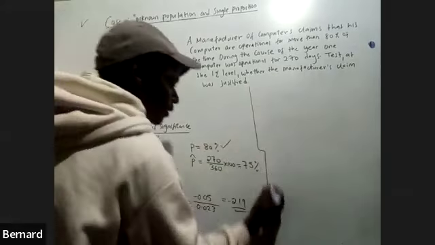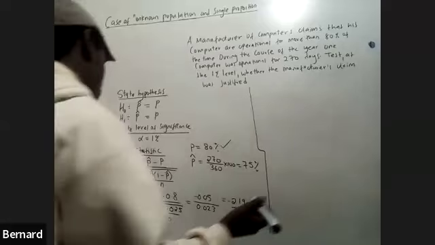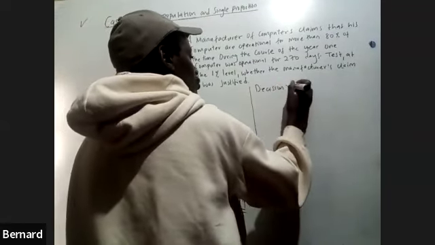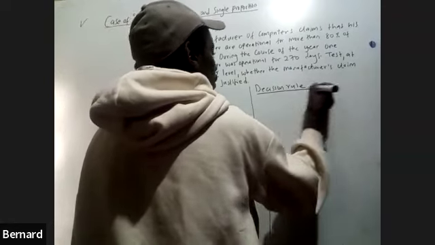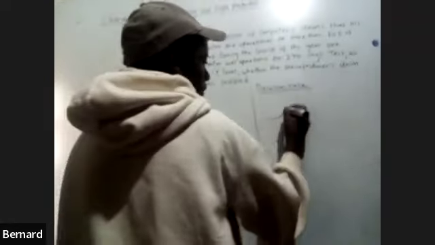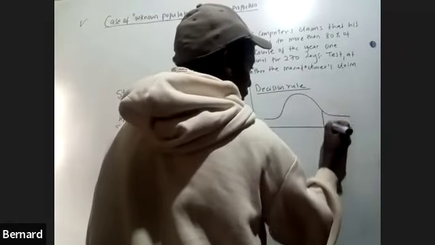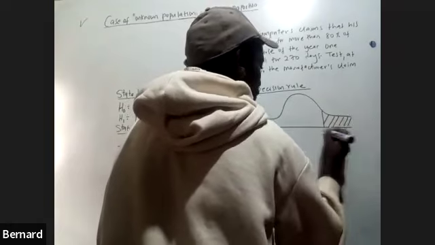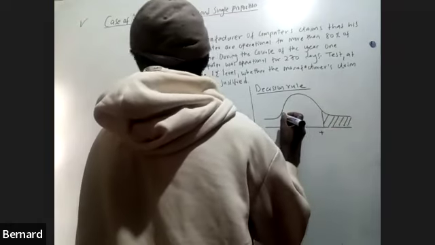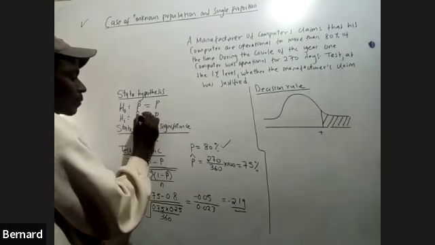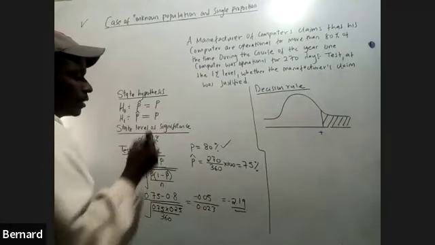Once we find our Z, next is the decision rule. What is Z? Here do we use two tail or one tail?